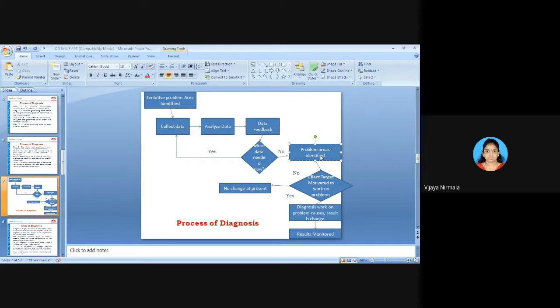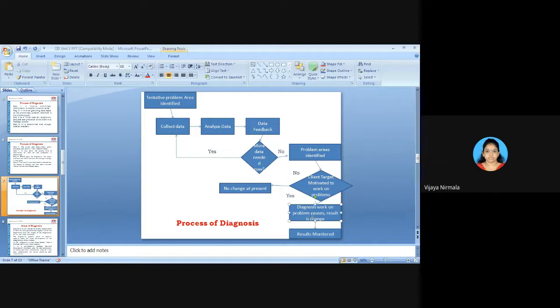If you come to step 7, this is the client target, who is being motivated to work on a specific problem. At this point, the client's level of motivation to work is determined based on the problem. That is done in step 7.